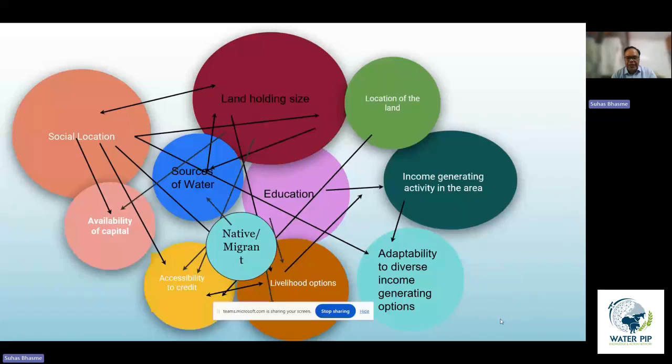In that sense, it gives you a larger idea of what determines farmers' accessibility to resources and opportunities for enhancing their crop productivity. Although, looking at the rural scenario, we also understand that apart from social location and landholding size, sometimes the status of native or migrant farmers in a particular village also determines accessibility to resources.